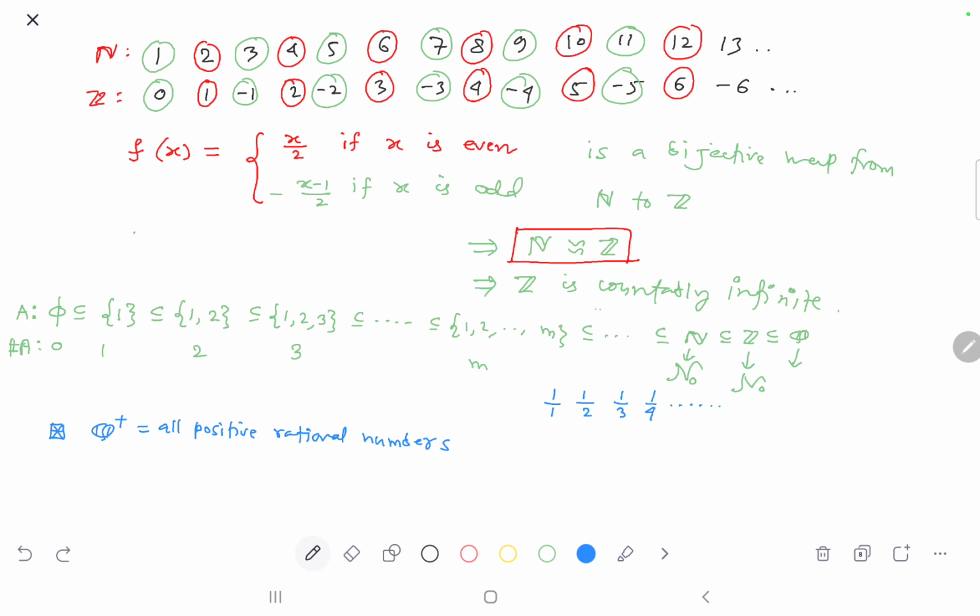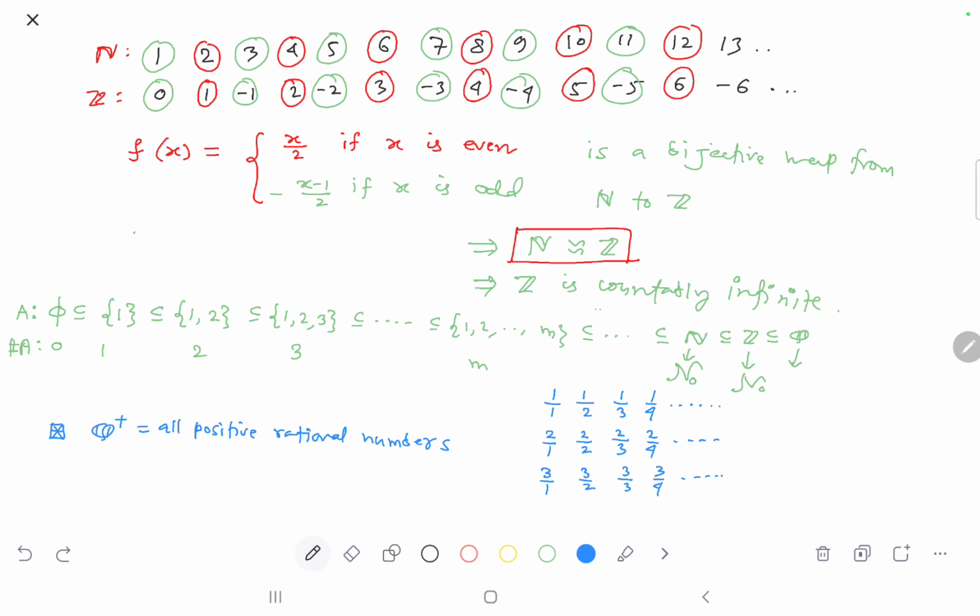Then 2 over 1, 2 over 2, 2 over 3, 2 over 4, and 3 over 1, 3 over 2, 3 over 3, 3 over 4.